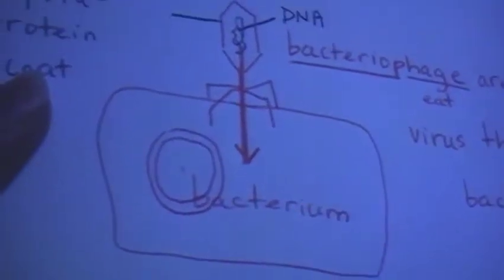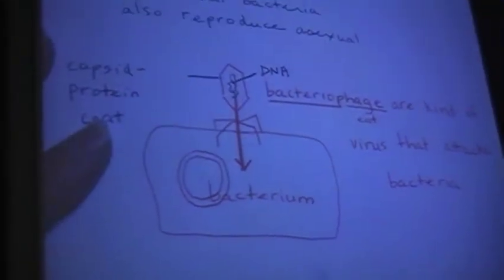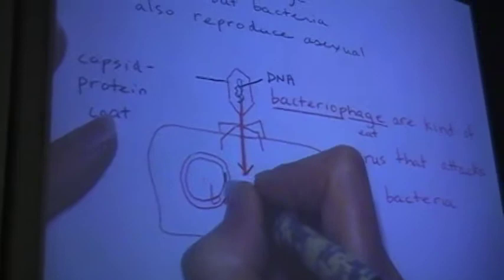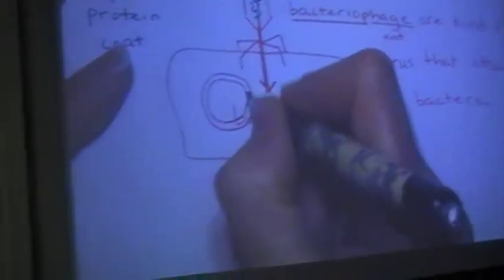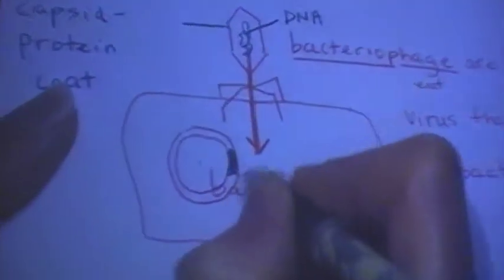Viruses can do one of two different things. One, they can actually take their DNA and insert it into the bacterium's DNA. So right here, this darkened portion, is the viral DNA. Then guess what will happen if this bacterium replicates?